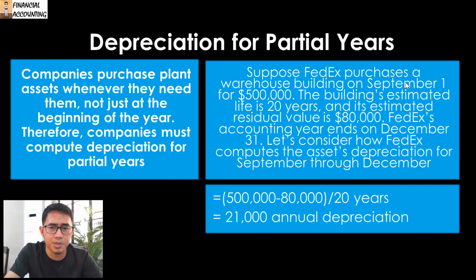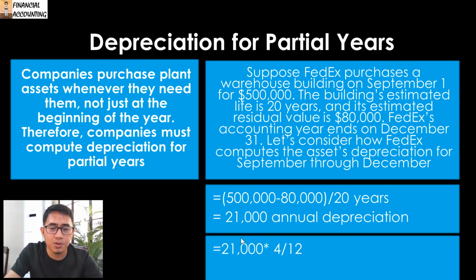You do not depreciate it from January, because it is only available for you starting September 1. So September 1 up to December 31 is actually 4 months: September, October, November, December. So you will compute the depreciation for 4 months only, not the 1 year.